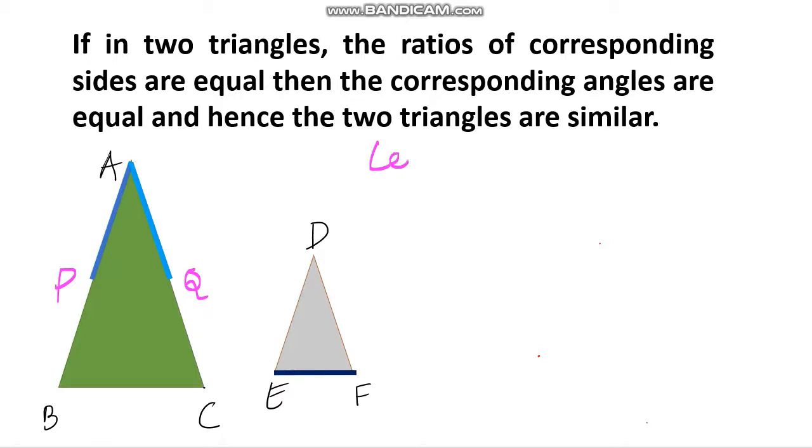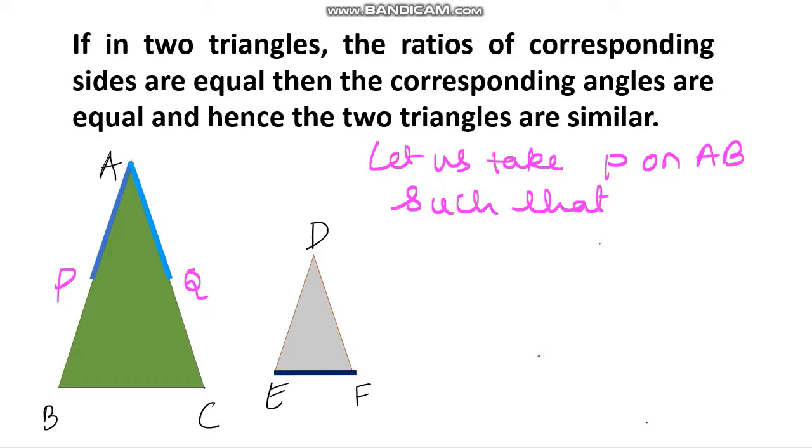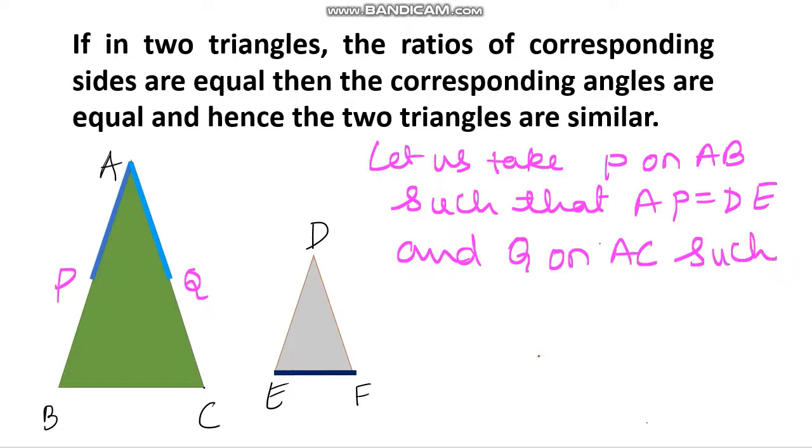And let us take P on AB such that AP is equal to DE and Q on AC such that AQ equal to DF. I think you got it. Now your AQ is equal to DF and AP is equal to DE. Now we have taken in this way.